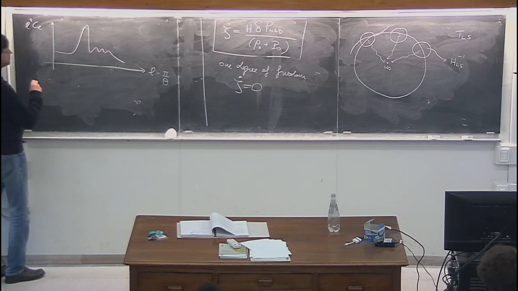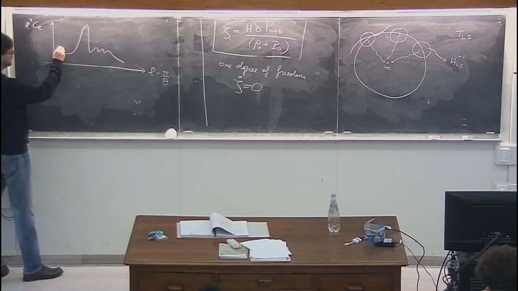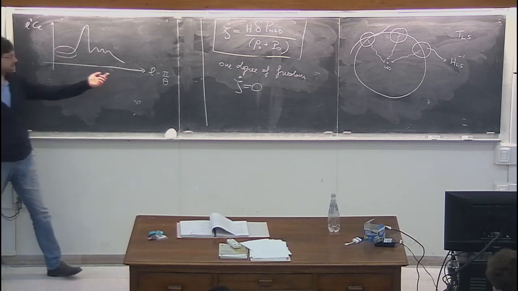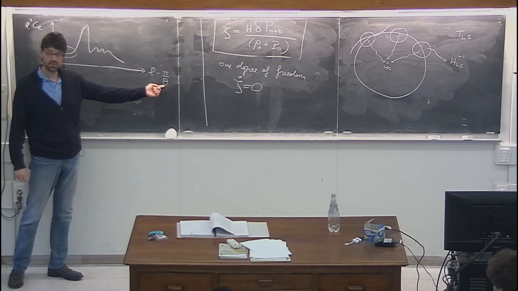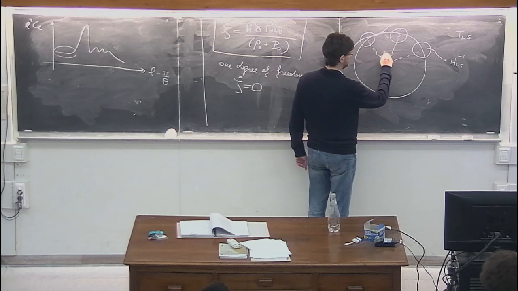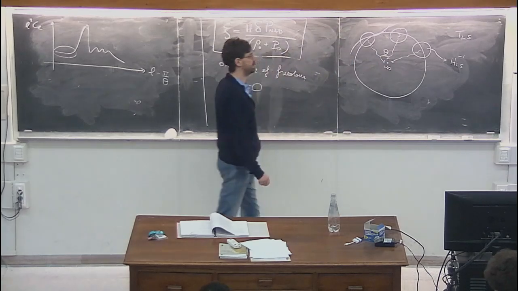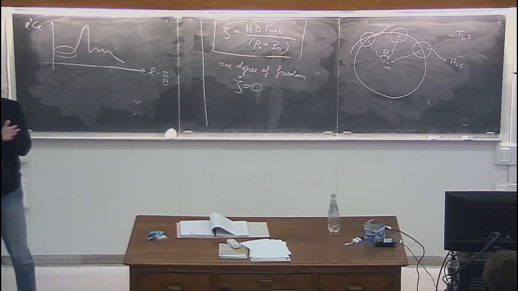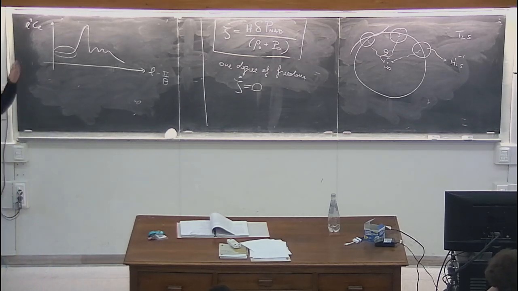What I would like to do now is to concentrate on this part here, the part that has a small l and therefore large angles, meaning that in this picture I'm looking at photons that are separated by an angle larger than the Hubble radius at the last scattering surface.